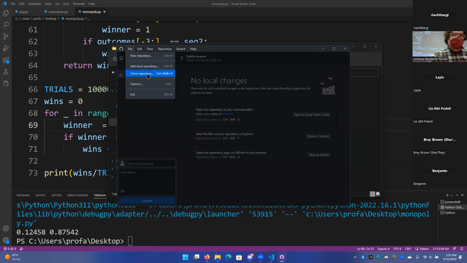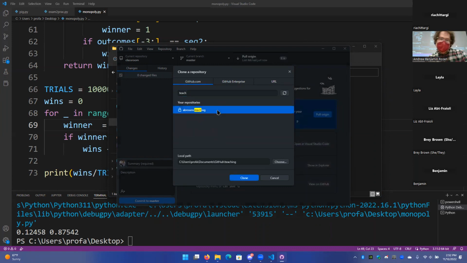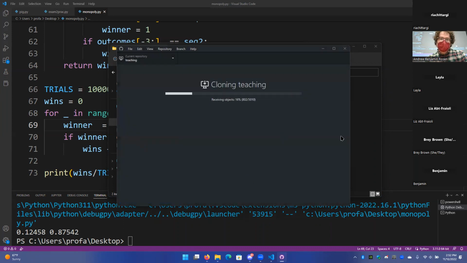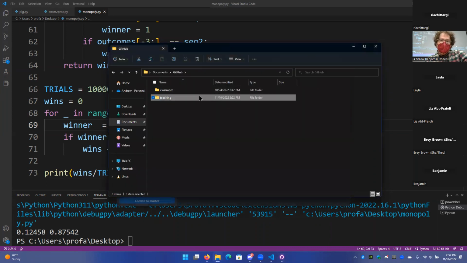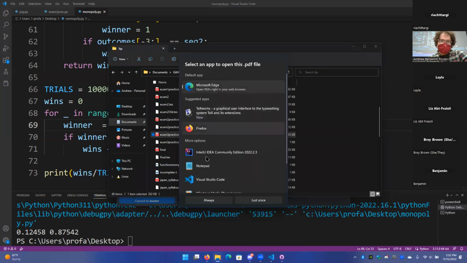I keep all of my private teaching docs on a private GitHub repo because that makes it easy for me to track changes. I mentioned I reformatted this computer, but all I have to do is push a button and pretty much all my code's there, as well as these practice exams.